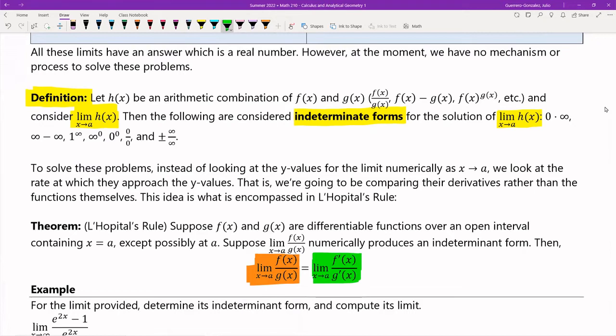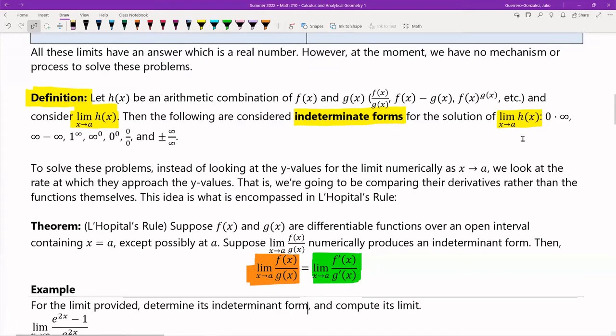So basically, we are trying to resolve a limit of functions, instead of doing it based on the outputs of f and g, by looking at the derivatives. We're looking at how fast f and g are growing, and then we're comparing those together. The answer to that is the answer to the original limit.